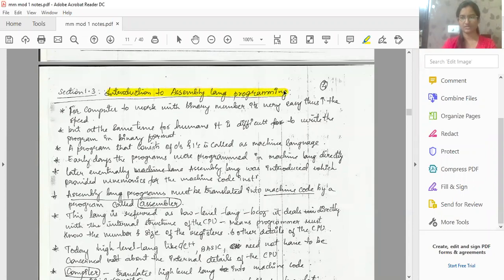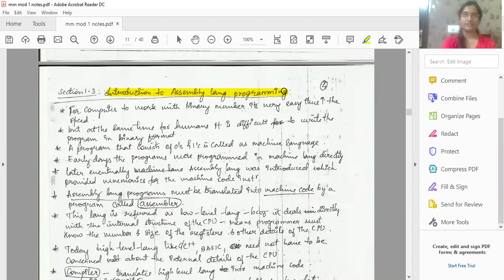So here, as you can see, is the introduction to assembly language programming. We know a little about assembly language programming, as we have finished 8085. The system understands the language of zeros and ones, binary language, which is called machine language or machine code.